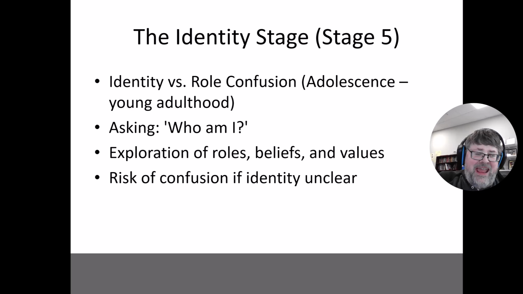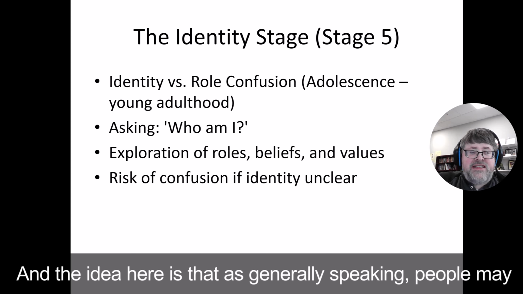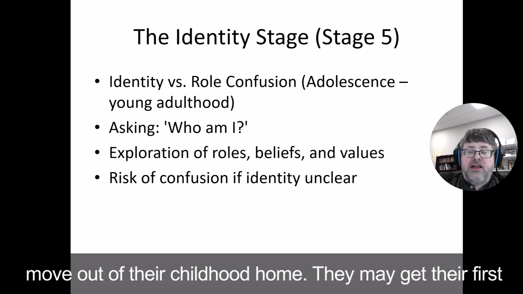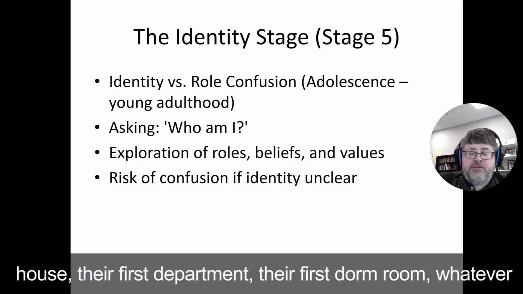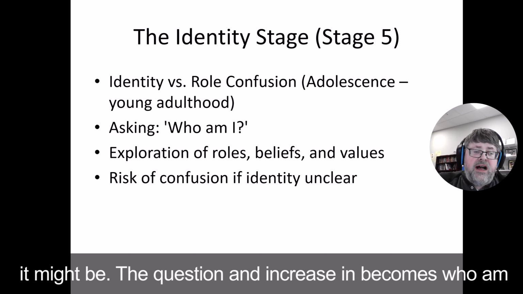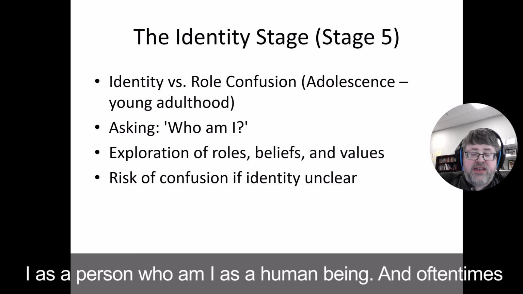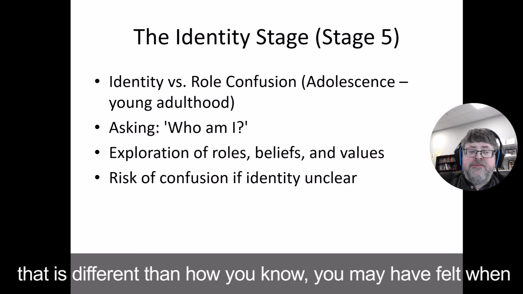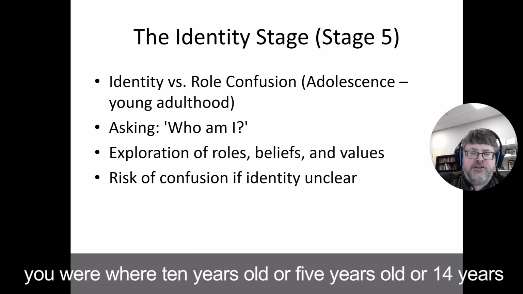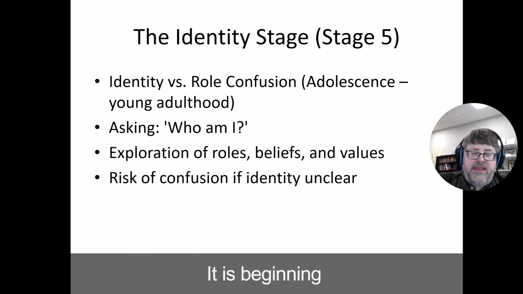And the idea here is that, generally speaking, people may move out of their childhood home, they may get their first house, their first apartment, their first dorm room, whatever it might be. The question increasingly becomes, who am I as a person? Who am I as a human being? And oftentimes, that is different than how you may have felt when you were 10 years old or 5 years old or 14 years old.